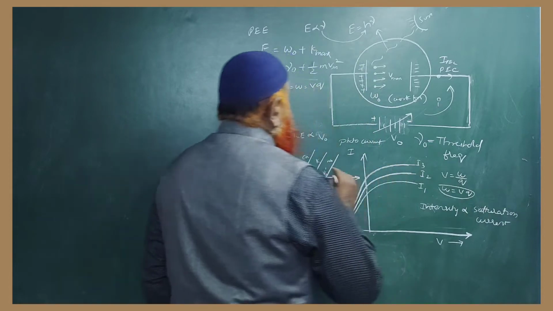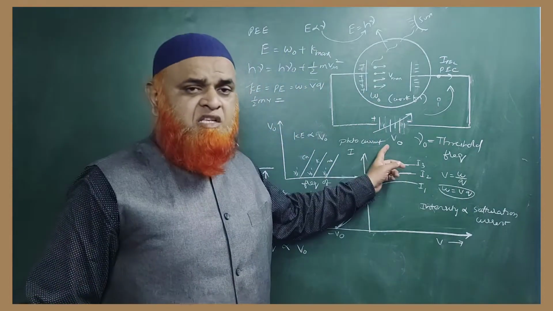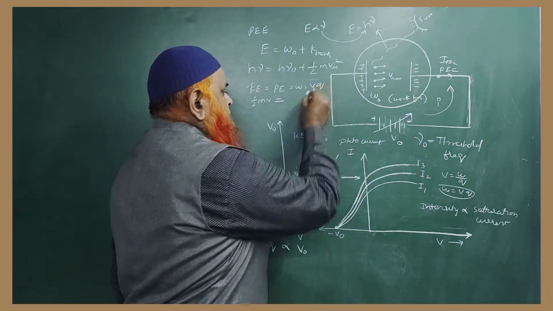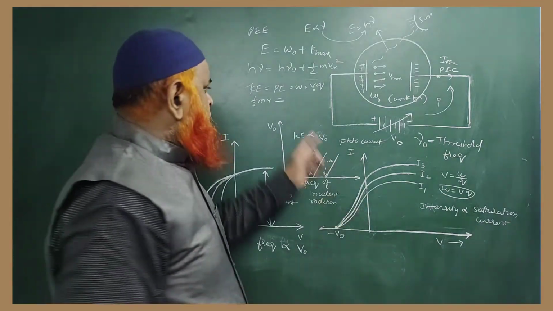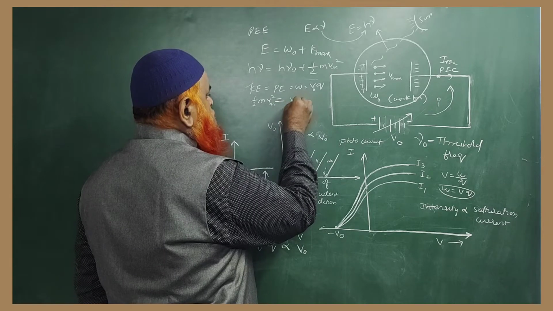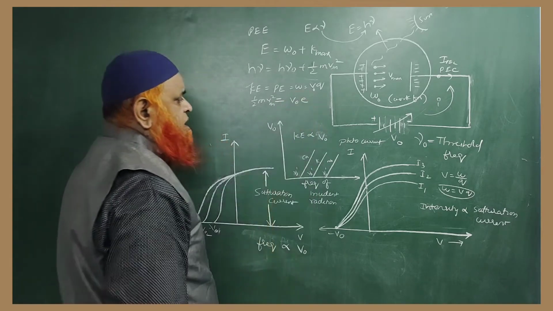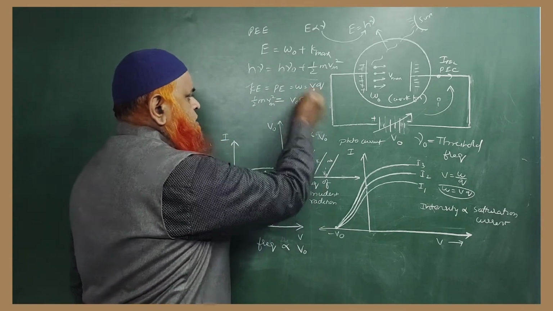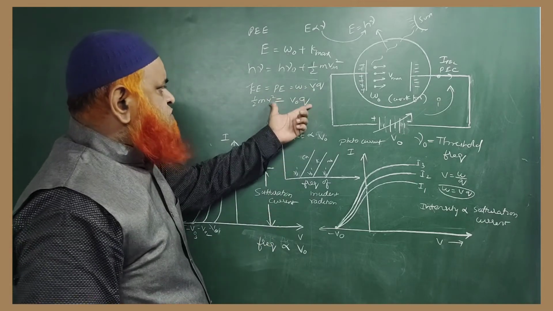But as we are considering the stopping potential at this place, we will consider it as V naught. So now we can change half mv square, that is half m v maximum whole square, into V naught into e, or V naught into Q. This is a small change we have to make here.